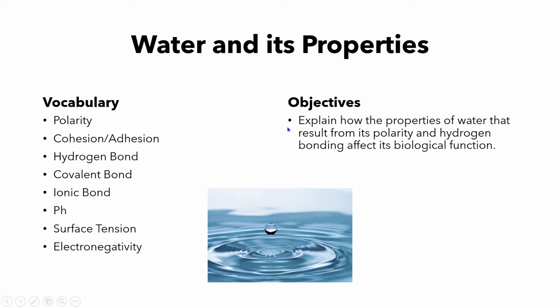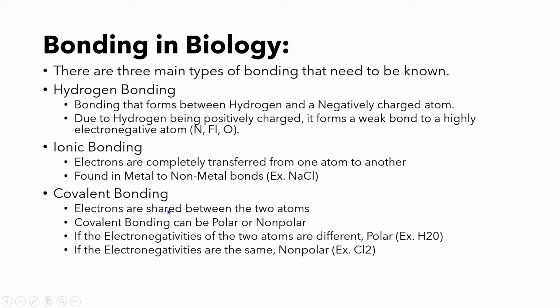So the main objective with this is to explain the properties of water and how they result from water's polarity and the hydrogen bonding within water. Into the next slides. So we have to start with the three main bondings in biology. Let's start with hydrogen bonding. So hydrogen bonding forms between hydrogen and a negatively charged atom, such as oxygen, fluorine, or nitrogen.